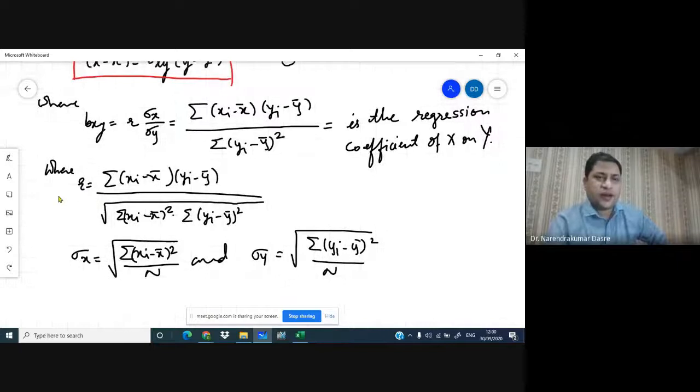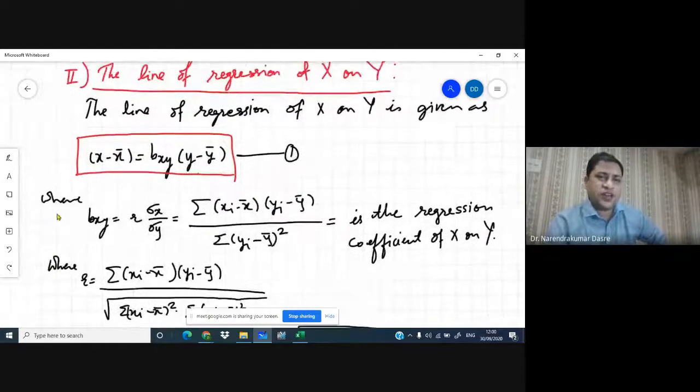When you want to calculate both the lines of regression, then we have to make the table which we did for small r. Everything is the same, so the same table we have to do here.